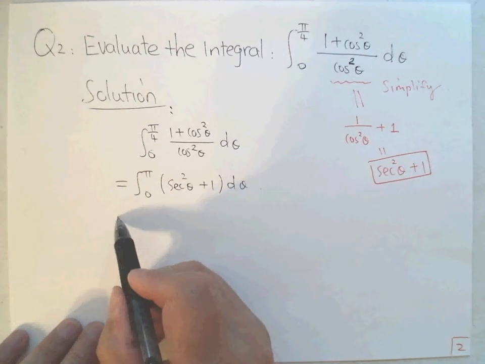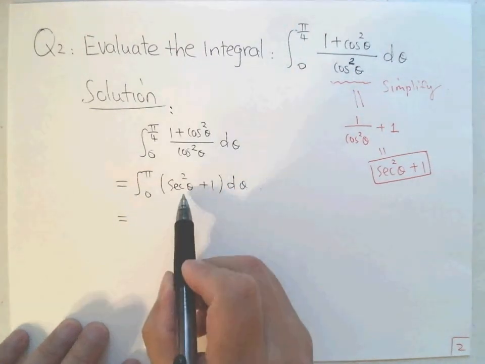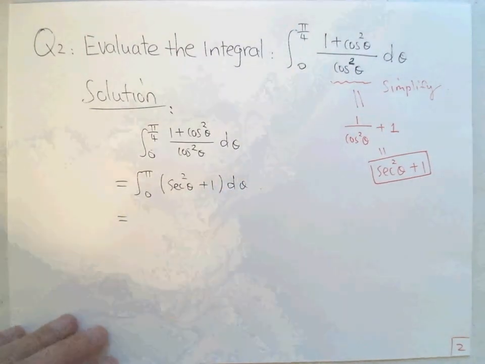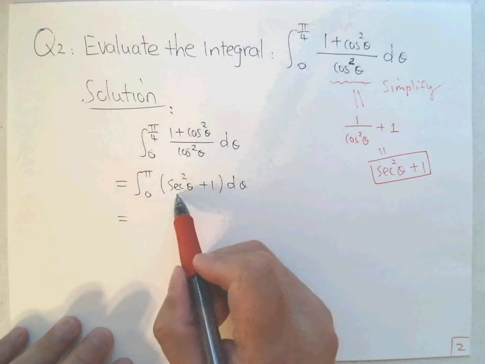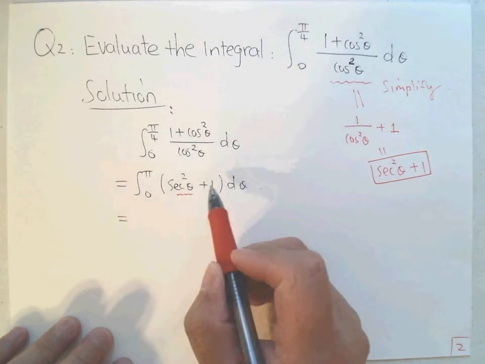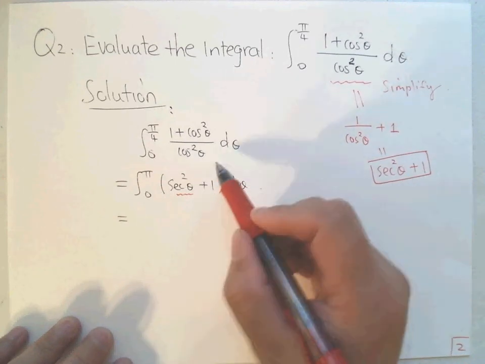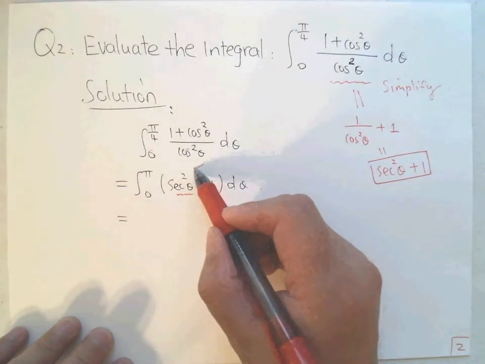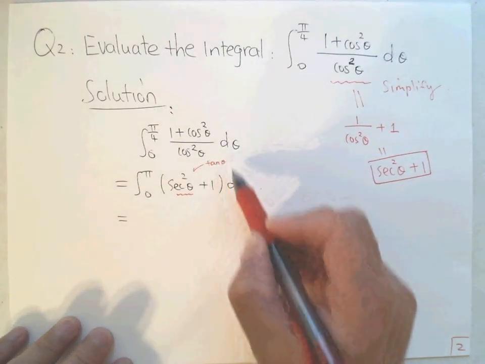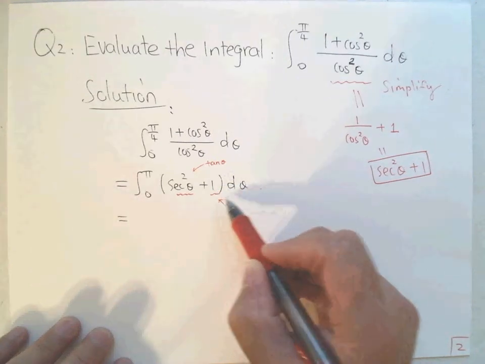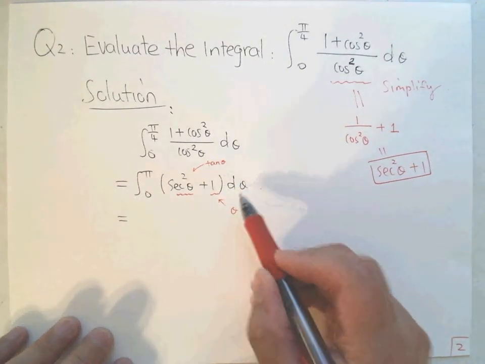Another is the fundamental theorem. It tells us we can find the antiderivative one by one. The antiderivative of secant squared theta is tangent theta. And how about the 1? It goes to theta.